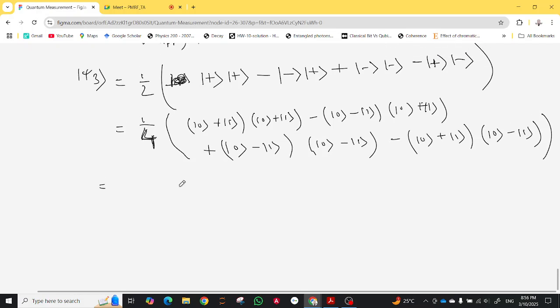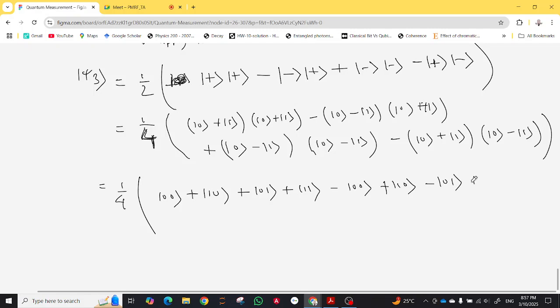Now just expand everything. So 1 by 4 you will get 0 0 plus 1 0 plus 0 1 plus 1 1, minus 0 0 minus 1 0 plus 1 0 minus 0 1 plus 1 1.